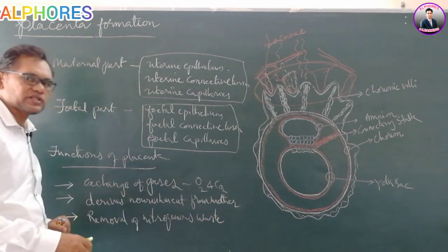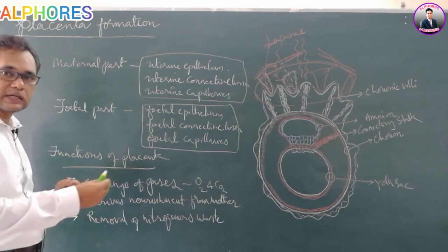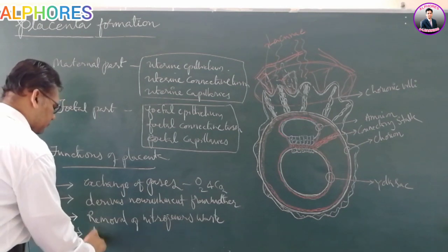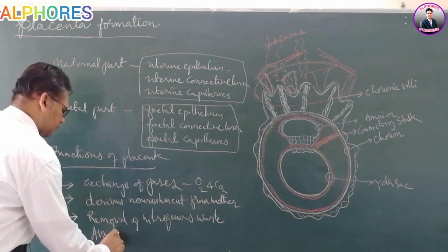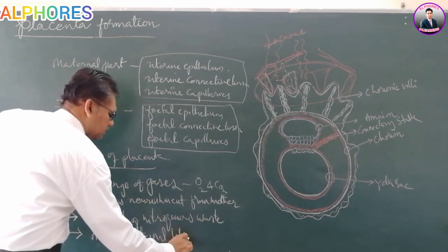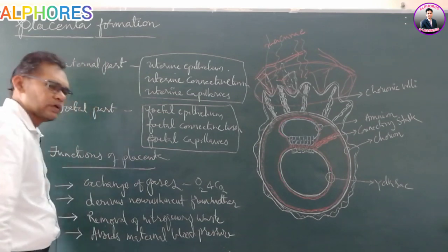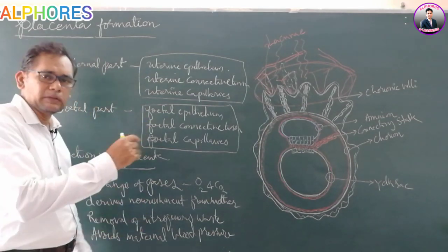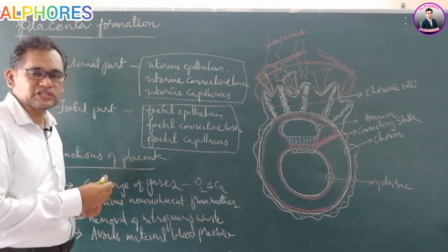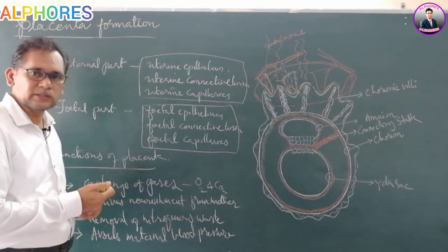Now also the placenta avoids maternal blood pressure. Also some of the antibodies pass from the mother to the fetus, that is, IgG antibodies are useful for the purpose.